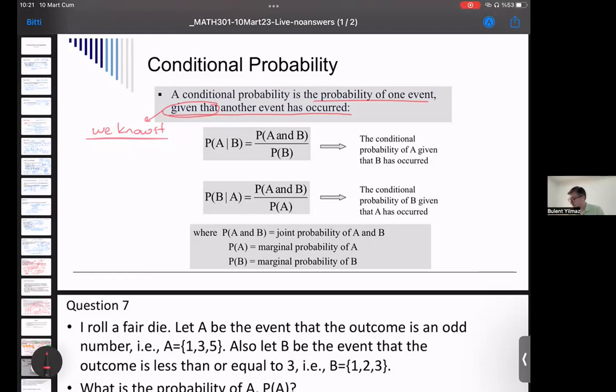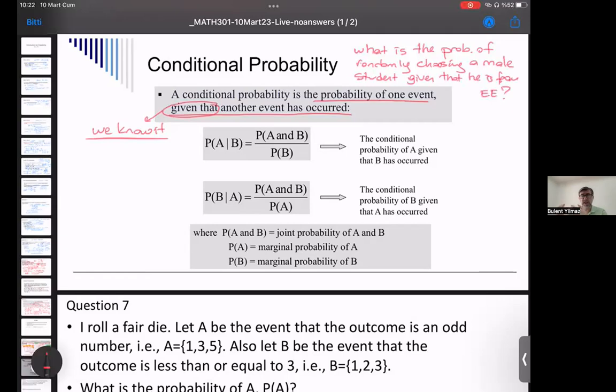Okay. Let me write a question. What is the probability of randomly choosing a male student, given that he is from EE?